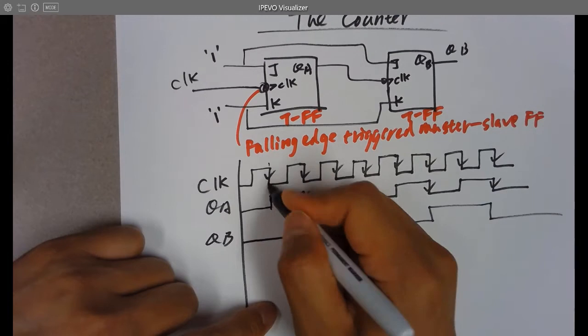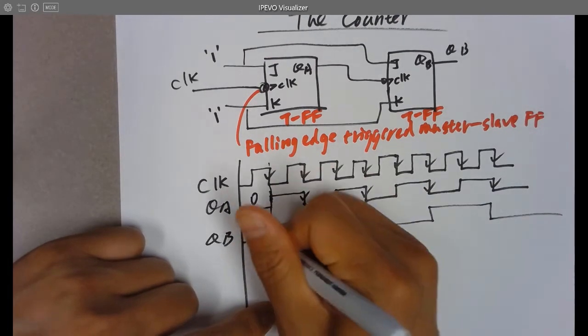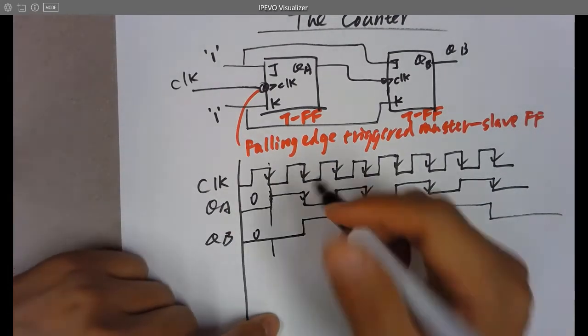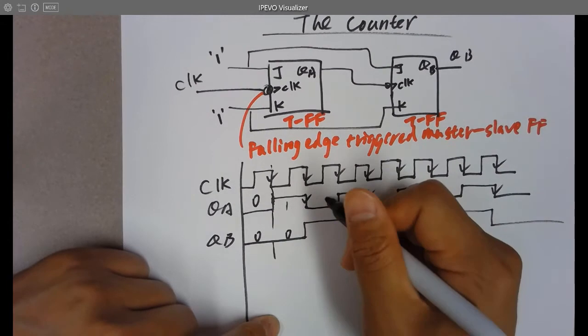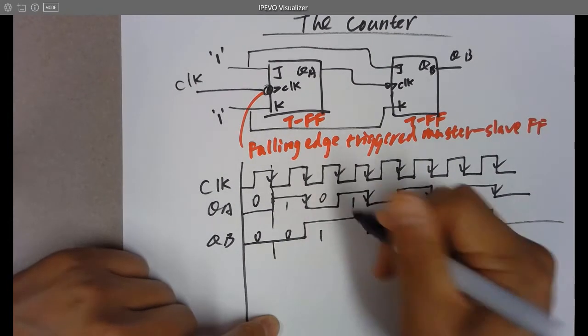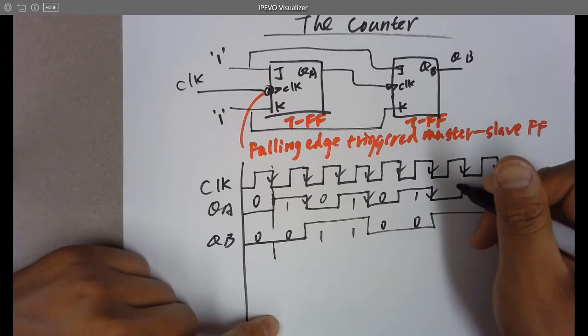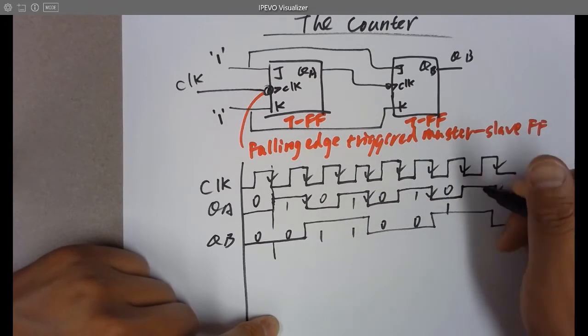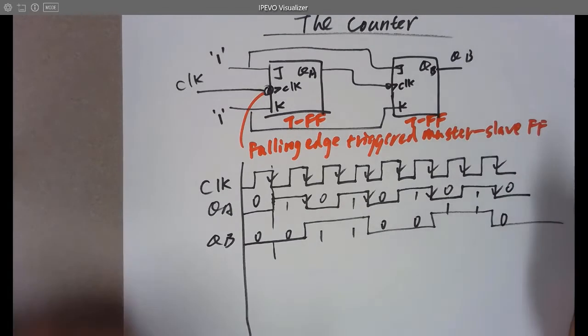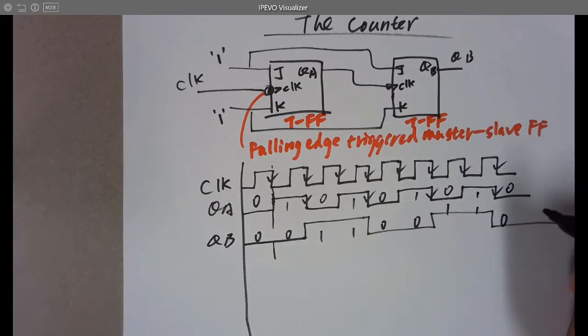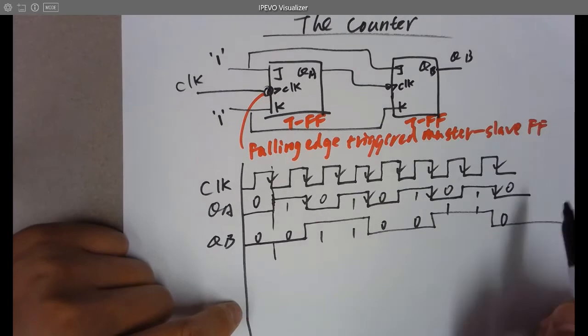If we look at this part, it's 0, 0 for these 2 bits, and then 1, 0, and then 0, 1, and then 1, 1, and then back to 0, 0, then 1, 0, 0, 1, 1, 1, 0, 0. It's cycling and following a specific pattern here.